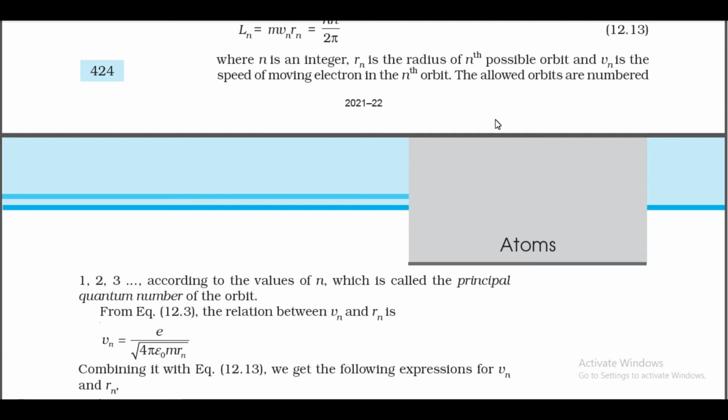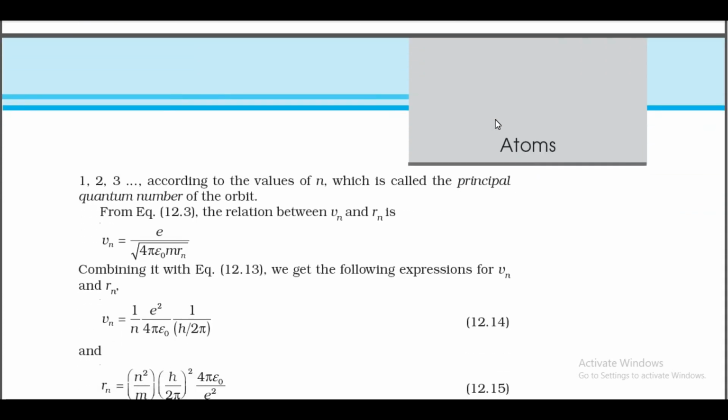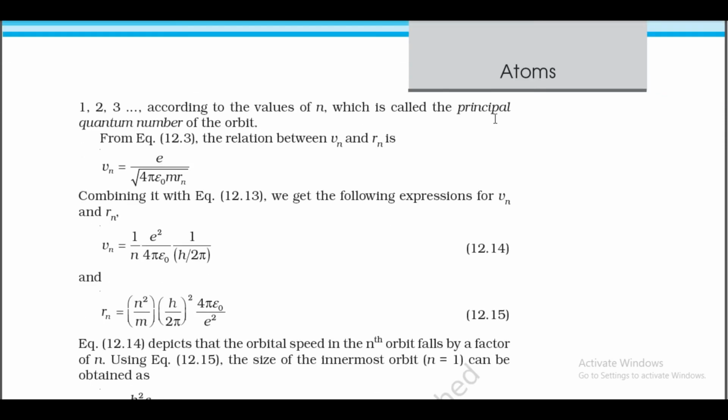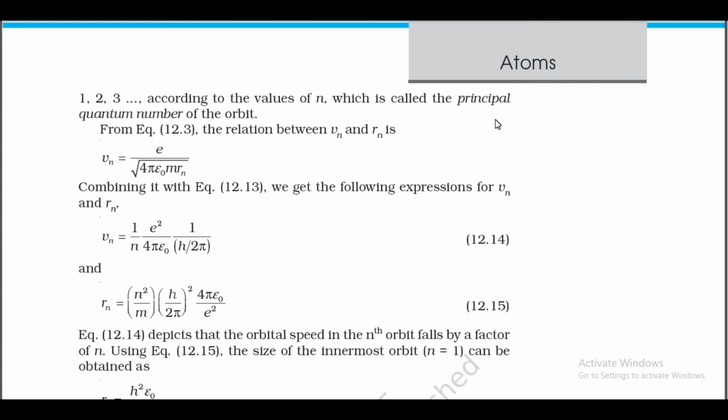Combining it with equation 12.13, we get the following expressions for vn and rn. vn is equal to 1 by n e squared by 4π epsilon naught, 1 by h by 2π, and rn is equal to n squared, h by 2π whole squared, 4π epsilon naught by m e squared. Equation 12.14 depicts that the orbital speed in the nth orbit falls by a factor of n.